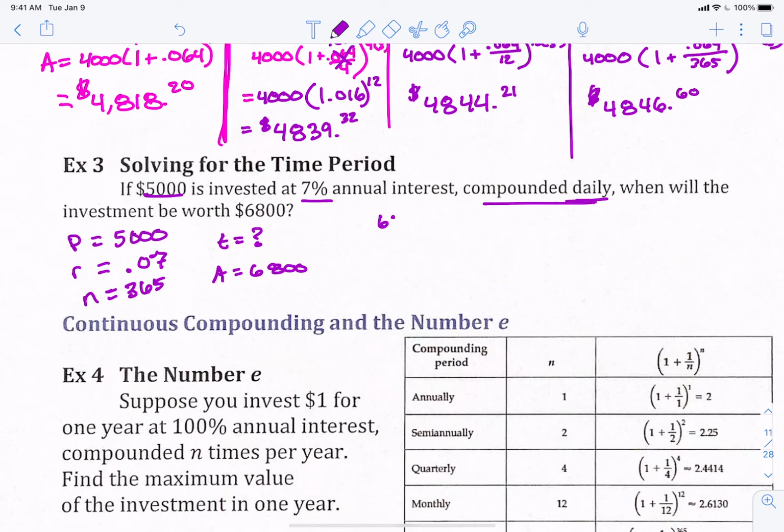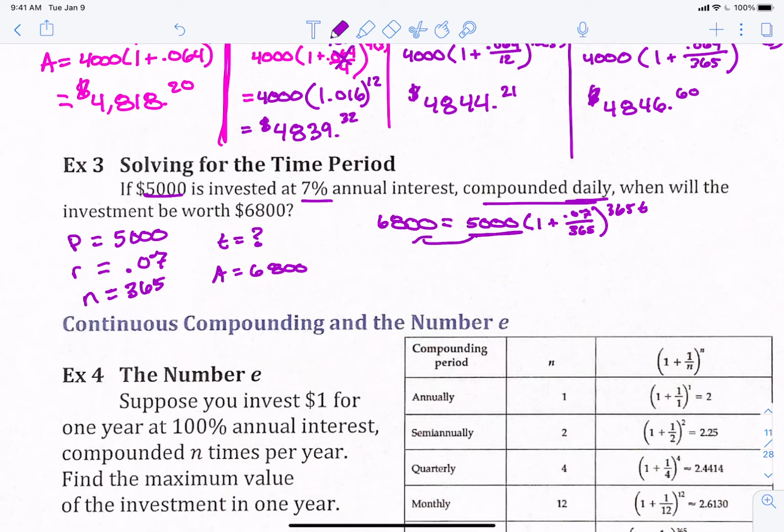So 6,800 equals 5,000 times 1 plus 0.07 over 365, to the 365t power. So we're trying to figure out when 5,000 will turn into 6,800.